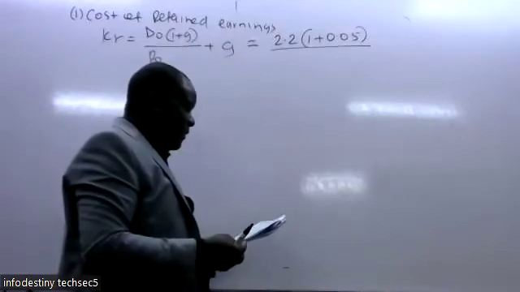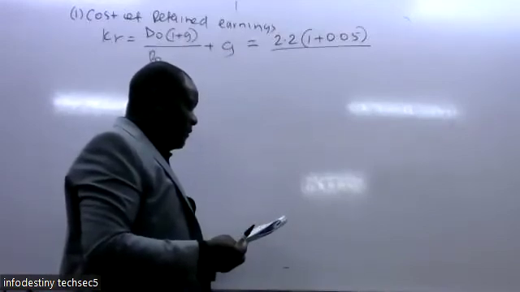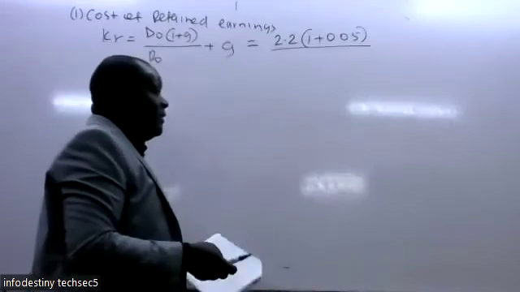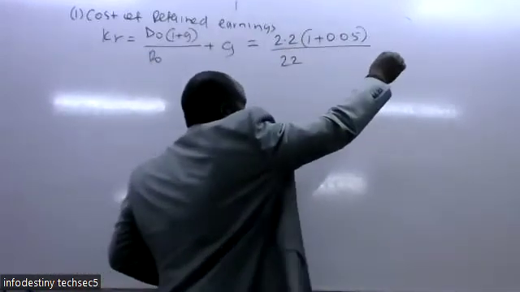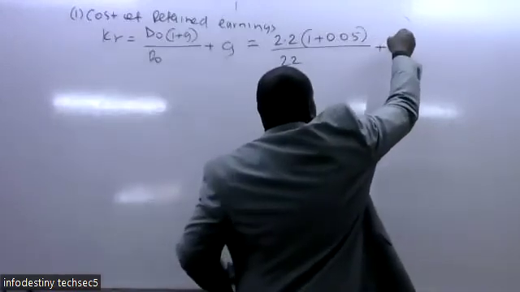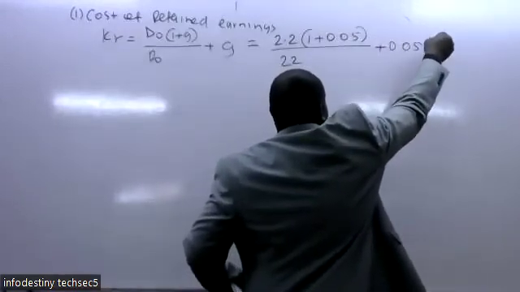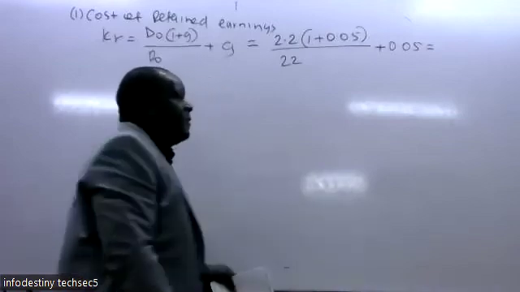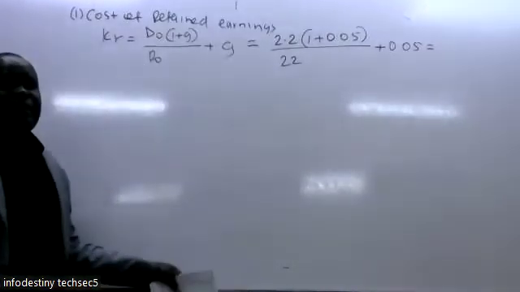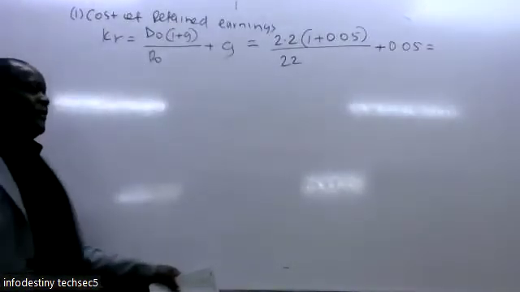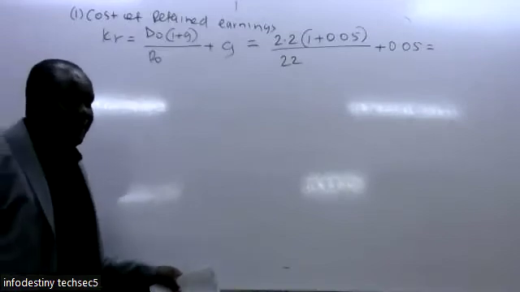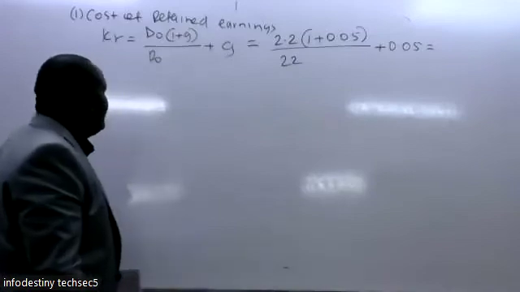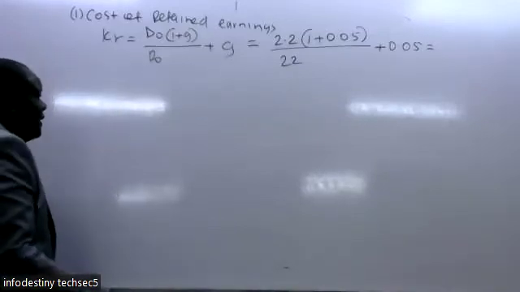PO, the current market price of the equity share of the company, is 32. So we also add 0.05. Then express it as a percentage. So that will now be the cost for the retained earnings.